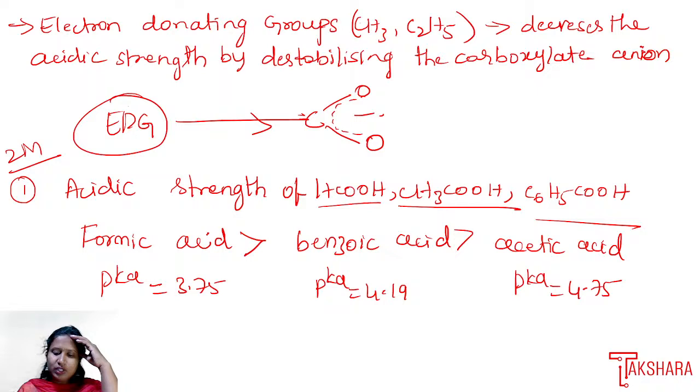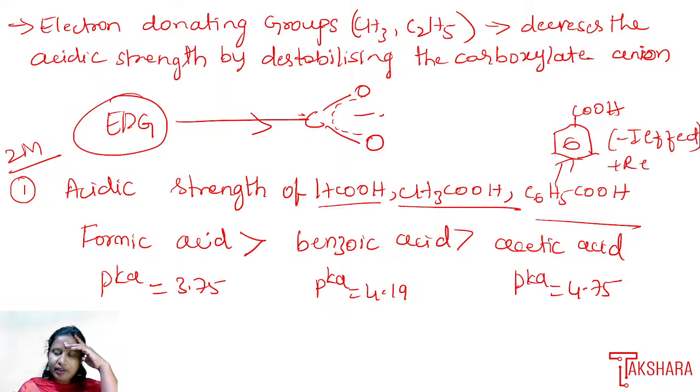See, if we come to benzoic acid, the phenyl ring is present, so that is the phenyl ring, right? COOH is attached to the benzene ring, we call it benzoic acid. So in benzoic acid, the phenyl group has the presence of -I effect. Okay, minus effect and also the plus R effect.